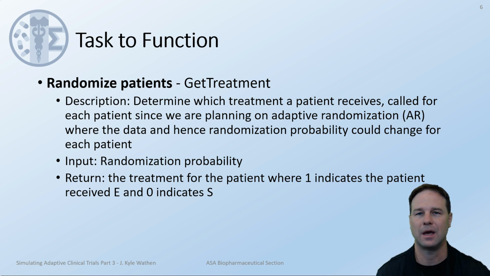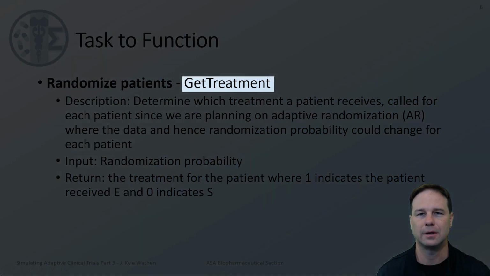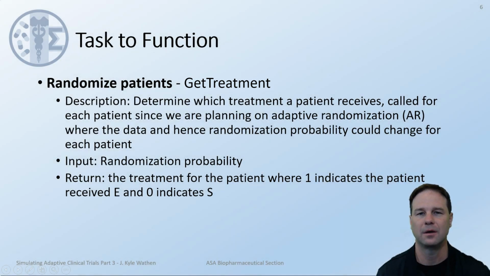The next task that we're going to look at is randomizing patients. We're going to call this GetTreatment because there isn't necessarily a reason that you have to randomize. You could actually be doing dose selection and hence it would actually be an assignment. So we're going to call it GetTreatment. What we would like to do is for this function to be able to determine what treatment each patient receives.